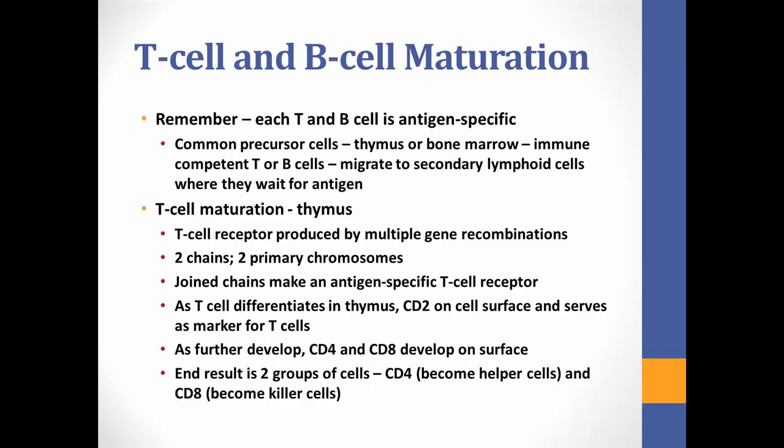CD4 cells recognize antigen, and those CD4 cells then trigger B cells and T cells for the immune function. If you don't have CD4, you don't trigger that response. That's the way those CD4 cells work. They have to be able to trigger that response because T cells don't produce antibody.